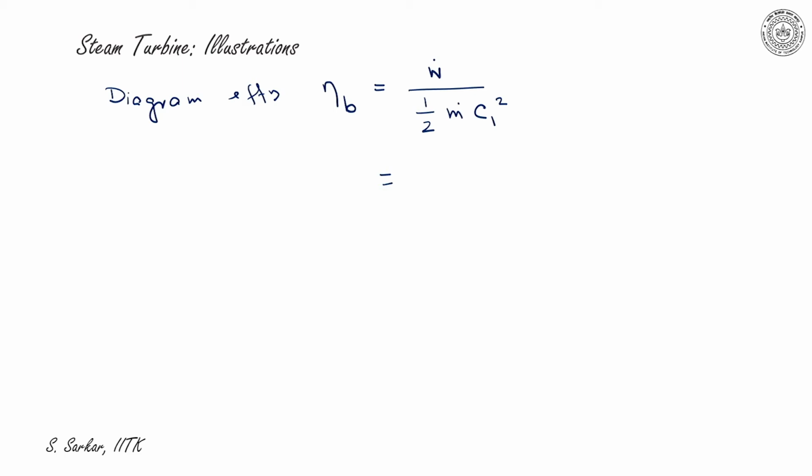That must be equal to 324 divided by half into 0.75 mass flow rate into C1 square, that is 1000.